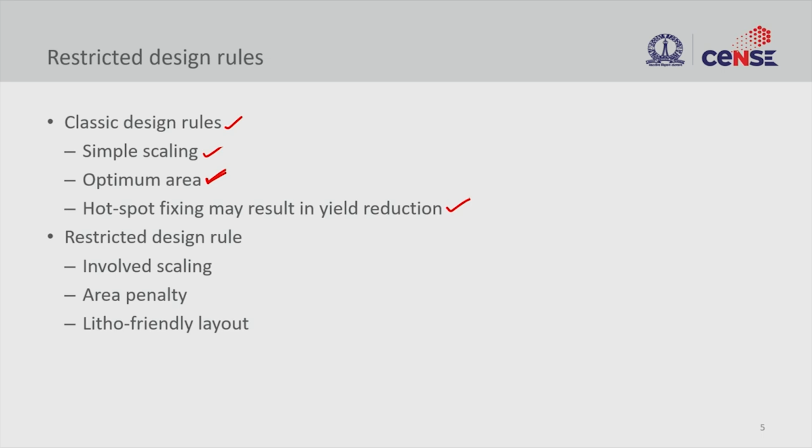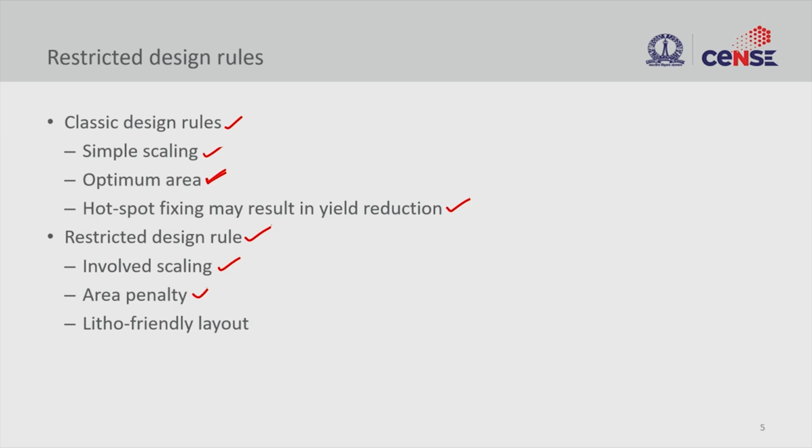So you should not worry about that. And the next thing is about restricted design. So what do we mean by restricted design? This involves restricted scaling. So you cannot increase your density, or you may not be able to play with multiple dimensions that freely. So there is a restriction given to that. And there is a problem with area as well.